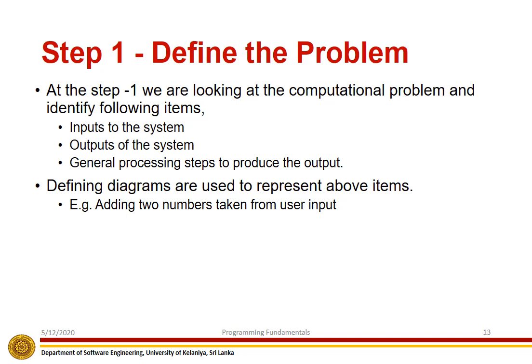What is the output we have to give to the user? In the example, that is the total, the summation of the 2 inputs. And then you have to decide the process, a step-by-step approach to get the output using the inputs. According to the example, first read 2 numbers, then add those 2 numbers together as the second step, and in the third step print that total.